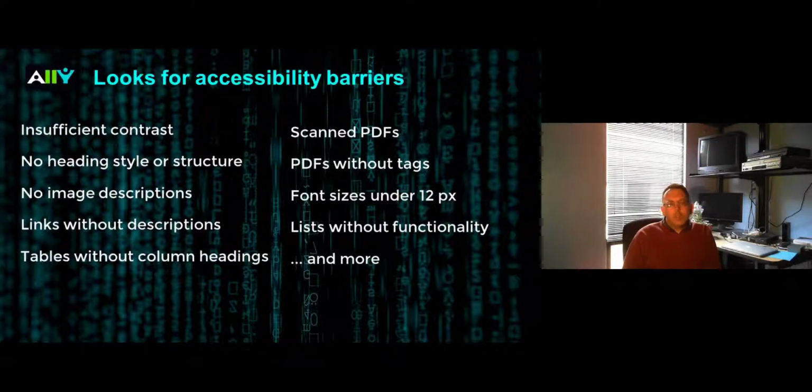Those are usually a problem because when you scan a document into a PDF, sometimes it scans it as an image instead of as text. And when that happens, someone with a screen reader can't actually access that document. And then it looks for a bunch of other things also. But these are the major accessibility issues that Ally scans for.